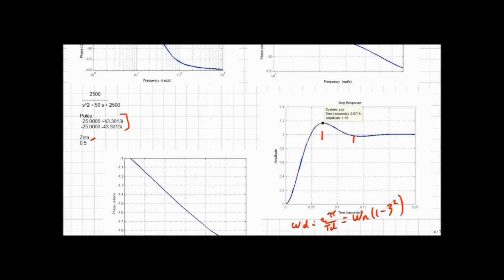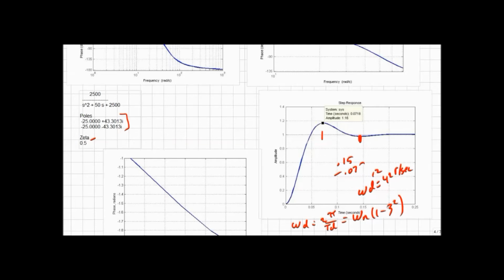If I look at those times, I've got 0.15 minus 0.075, and that gives me 0.075. But that's only a half cycle. And actually, I should have been over here. I was drawing very carefully. So that's times 2 and gives me an omega d equal to 42 radians per second.